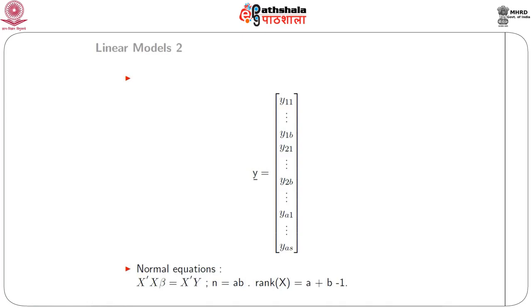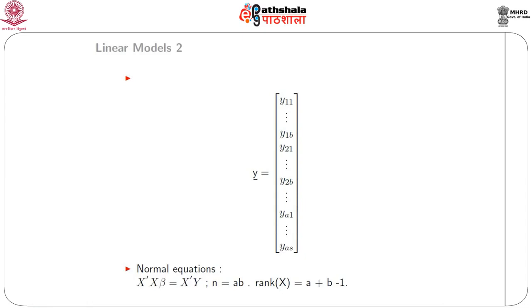Now, the normal equations, we all know about normal equations by now, are x transpose x beta equal to x transpose y. The capital X here is the same as the little x that we saw earlier, but remember that capital A is not the same as little a, capital B is not the same as little b, but capital X is the same as little x, and n is equal to AB.